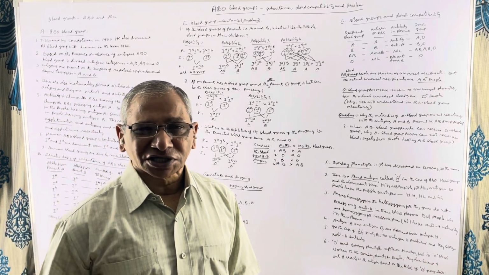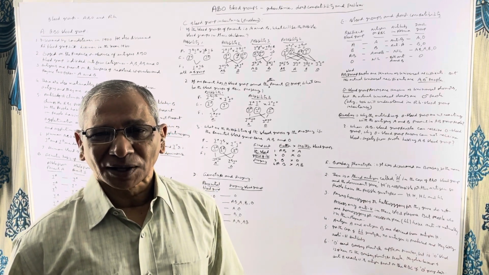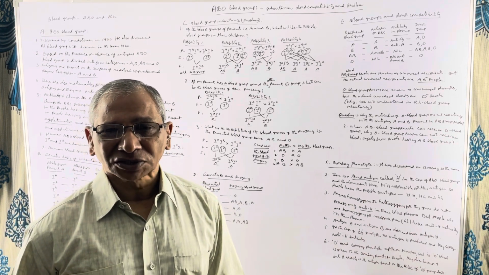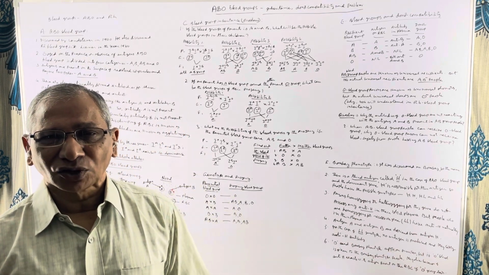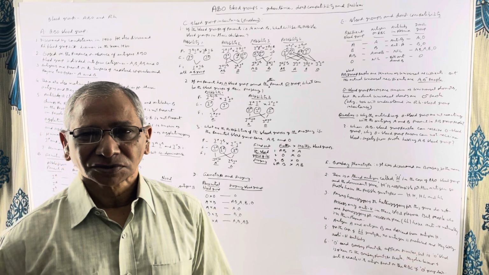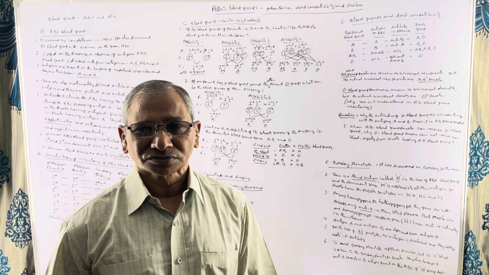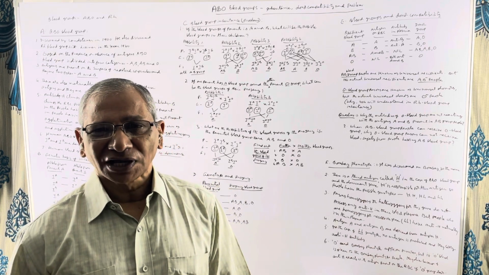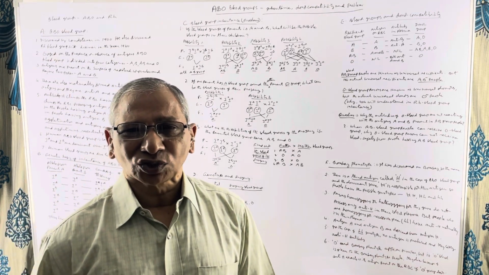So, blood transfusion is very important. If wrong type of blood is given, the patient will die because the antigen and antibody react and agglutination takes place. See, antigen is known as agglutinogen. Antibody is known as agglutinin.